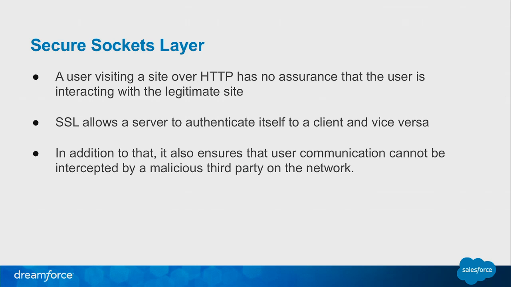So anyone who's sitting on the network, who's listening from the first request when you went to Salesforce.com up until the end, all they would see is garbled data. Even if they were sitting on that wire while you were doing the handshake, they will not be able to figure out the key that you established with Salesforce or what is the communication that's going on between you and Salesforce.